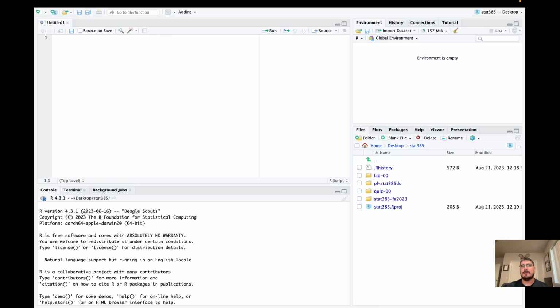Okay, so I've created a new script using the keyboard shortcut. If you don't know how I did this, then you can see the notes. Okay, and now let's just try running some code, which I will just copy directly from the notes.